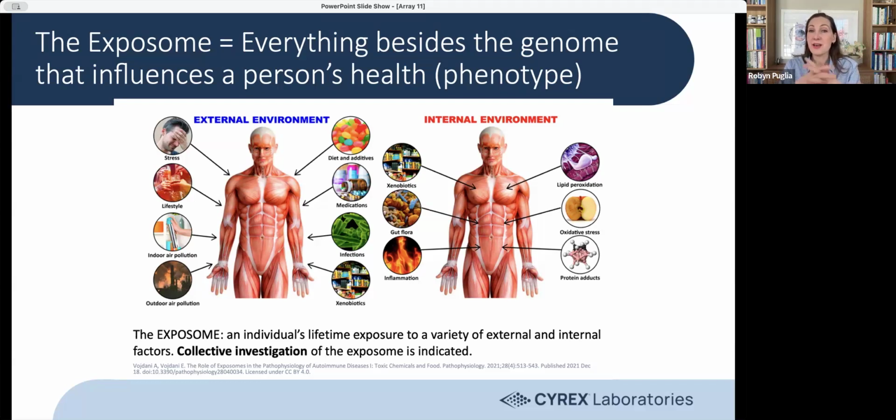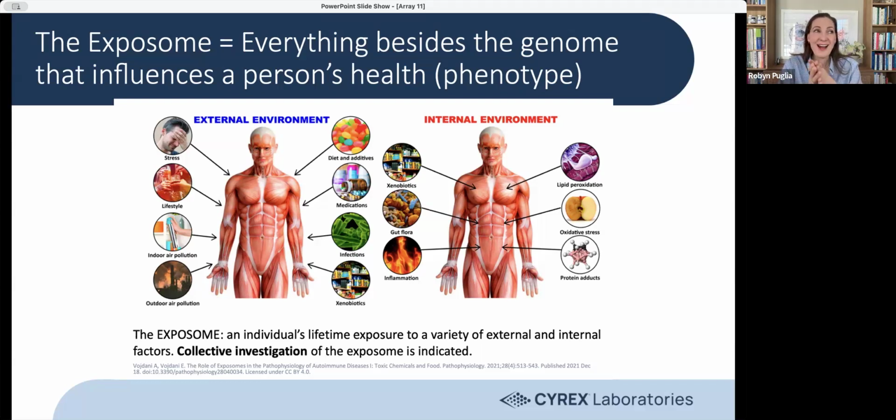So we're thinking about all of the different exposures for the immune system that have the ability to influence or affect immune communication or the way the immune system learns about the environment, which includes the internal environment and the external environment.